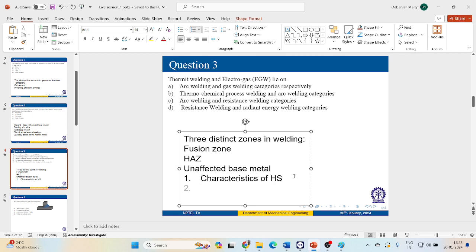Then you will have the nature of the deposition of the filler metal, nature of deposition. So these are my governing factors through which you can understand how your welding is happening, right? Then you will have heat flow characteristics. So a lot of physics happening over there.